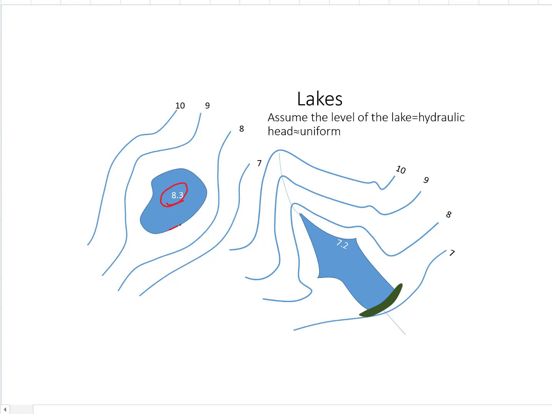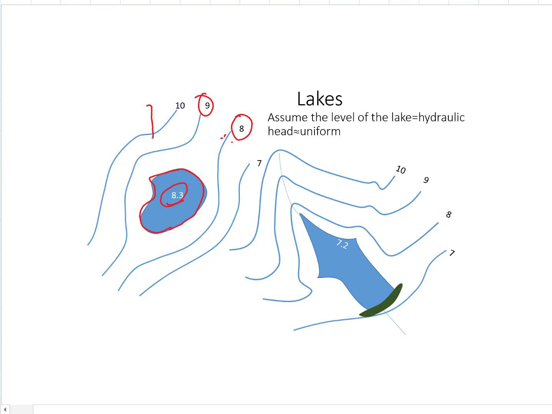And so this line right here would essentially be the 8.3 head contour. And so if we're contouring every, say, meter, then the 8 contour would wrap around like this, as shown here, and the 9 contour would be wrapping around like that.